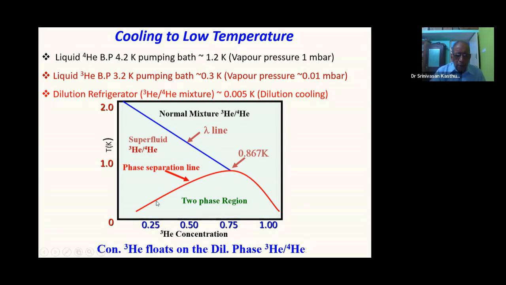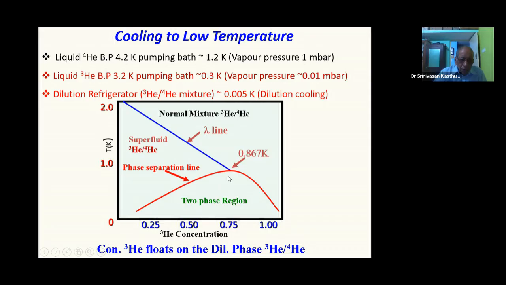In this region a phase separation takes place, and if you try to mix the liquids of the two concentrations together, the temperature goes down, falling along this line below.